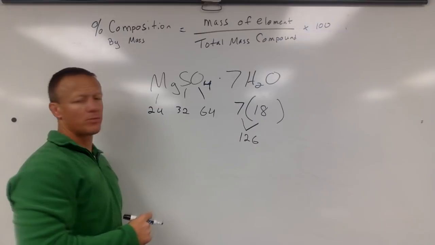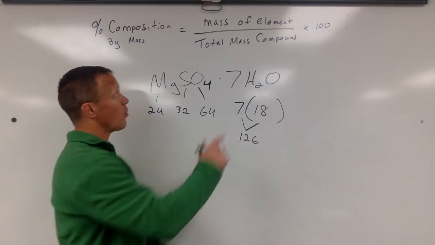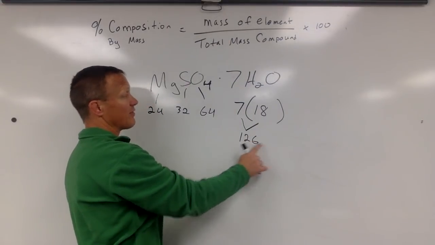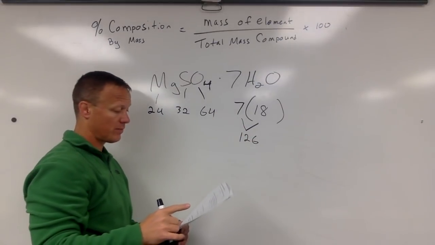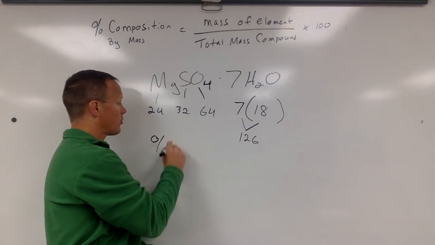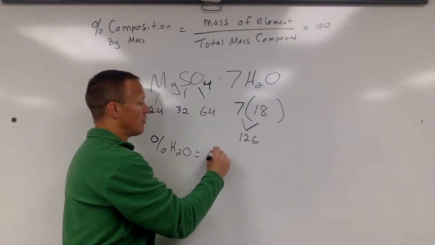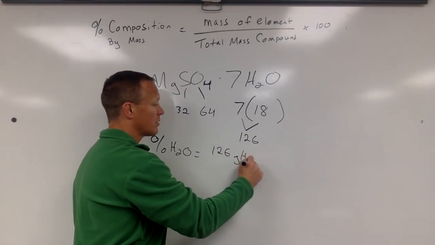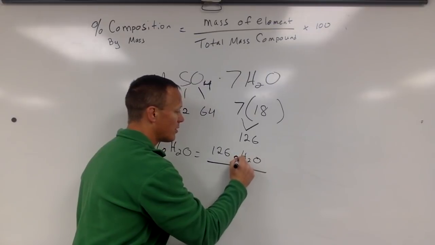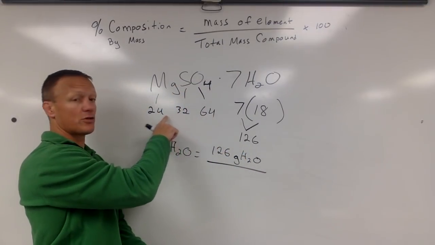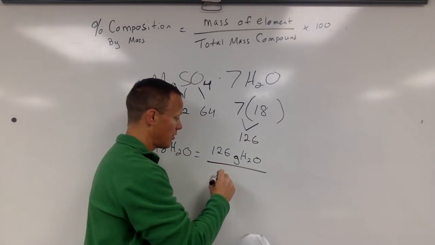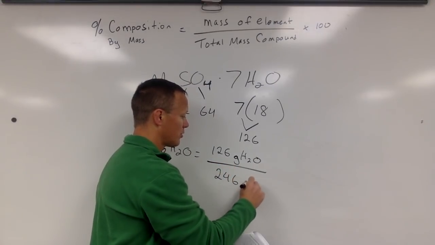If I want to know the percent of water in the compound, I need to take water's mass, 126, divided by the total. And the total includes the water and everything else. So there's 126 grams of water out of a total, 126 plus 64 plus 32 plus 24, out of a total of 246.